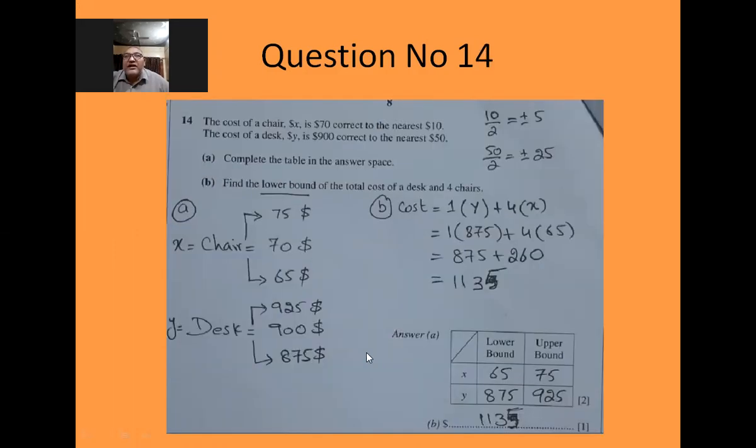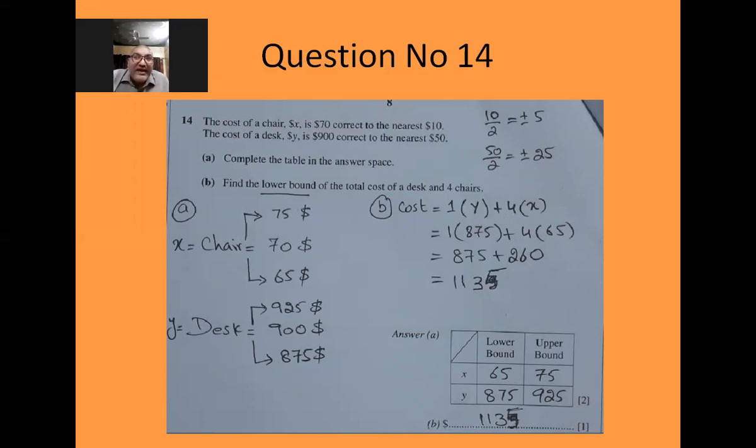The next part, B, he says, find the lower bound of the total cost of a desk and 4 chairs. So we will have one desk. The total cost will be equal to one desk, that is 1 times Y, and 4 chairs, that is 4 times X. We want the lower bound of the total value, so I will use the lower bound of Y and the lower bound of X. So we will have 1 times 875 plus 4 times 65.